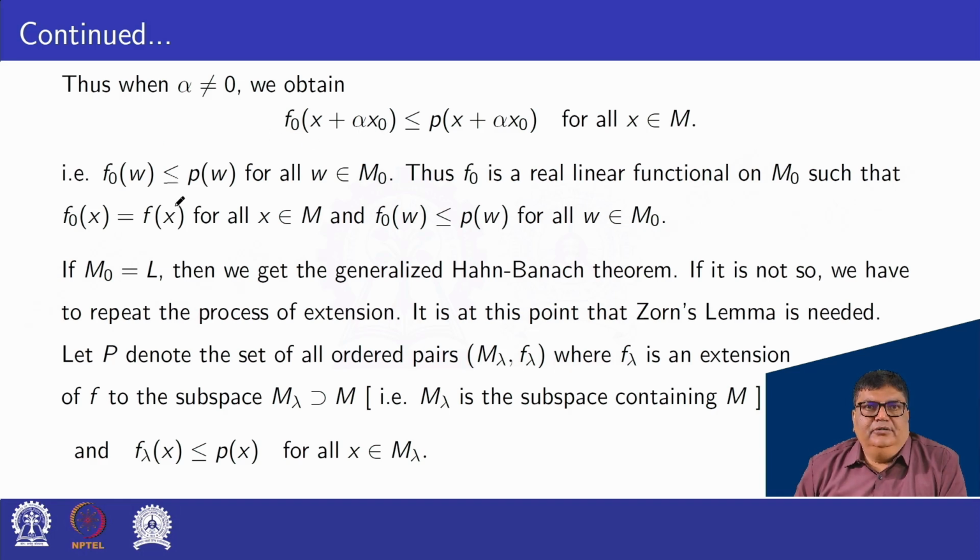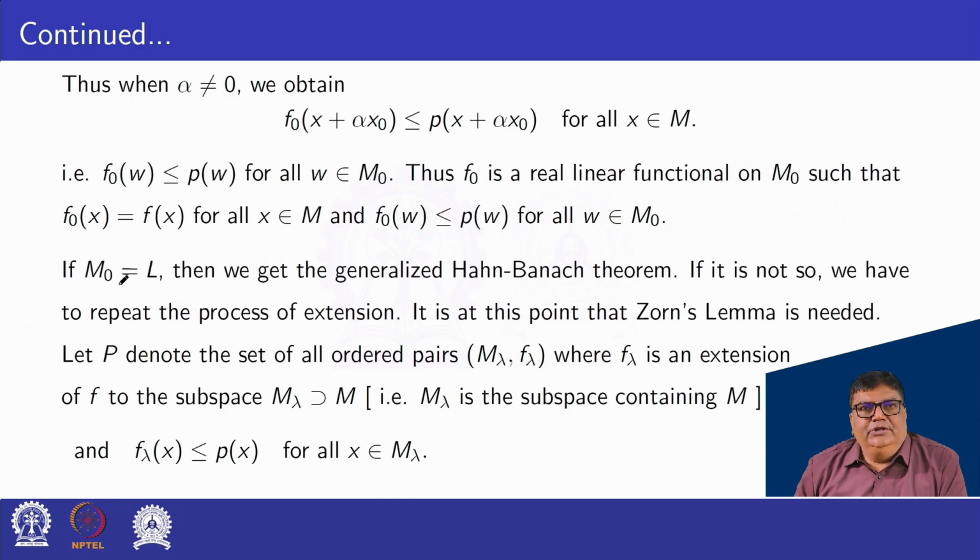So f0 of omega is less or equal to p of omega for all omega belonging to M0. Thus f0 is a real linear functional on M0 such that f0 of x equals f of x for all x belonging to M, and f0 of omega is less or equal to p of omega for all omega belonging to M0.